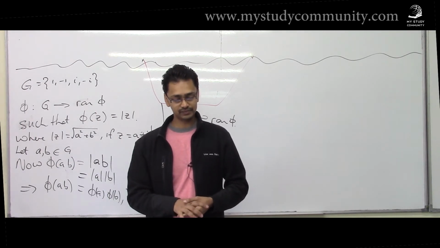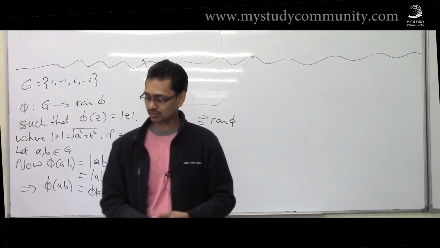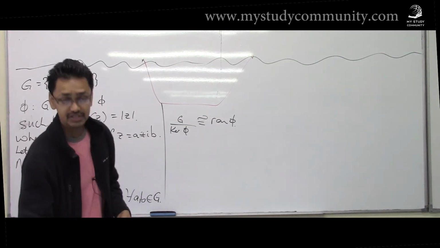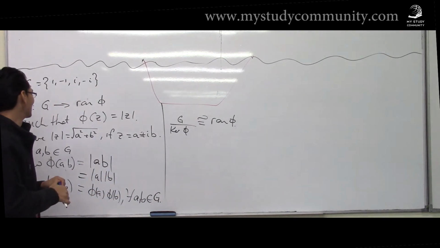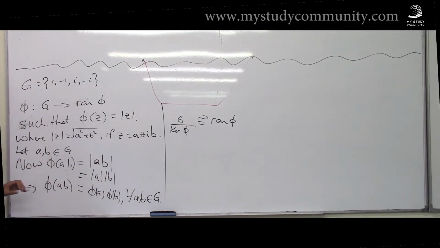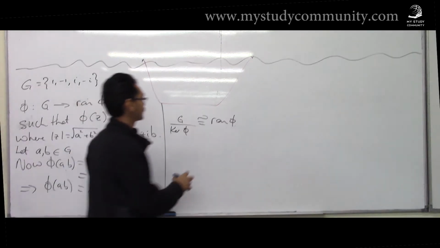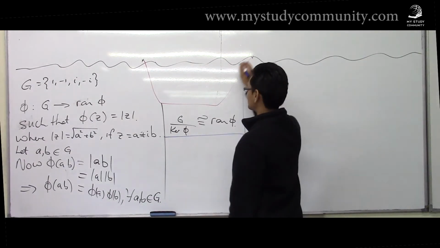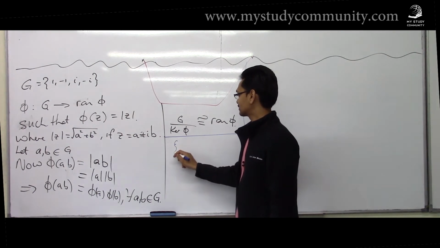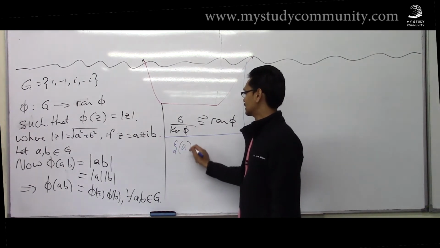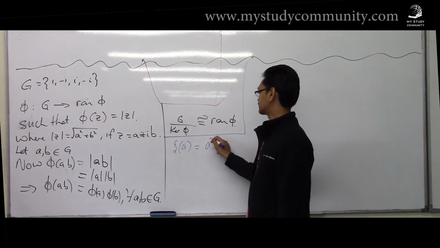The kernel is G, which is not what I intended. So let's just change it up. So let's just use the same function from before. Oh, I can't believe I did that. So let's use a squared.